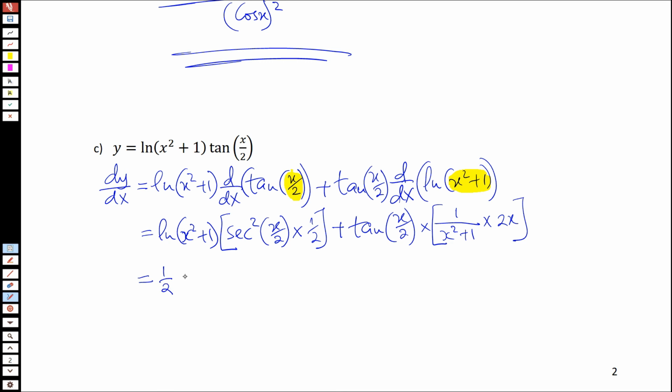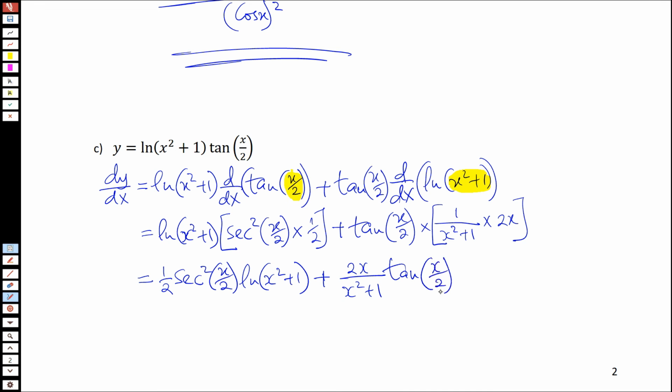So we have a half, and then secant squared of x over 2 multiplied by ln of x squared plus 1, plus here we have 2x over x squared plus 1 multiplied by tan of x over 2, and that will be the required derivative for that function.